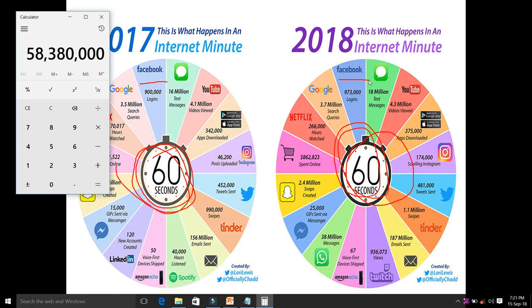Now assume in a day, 24 hours, that is millions of data. Now assume within a month, multiply by 30, and then within a year.